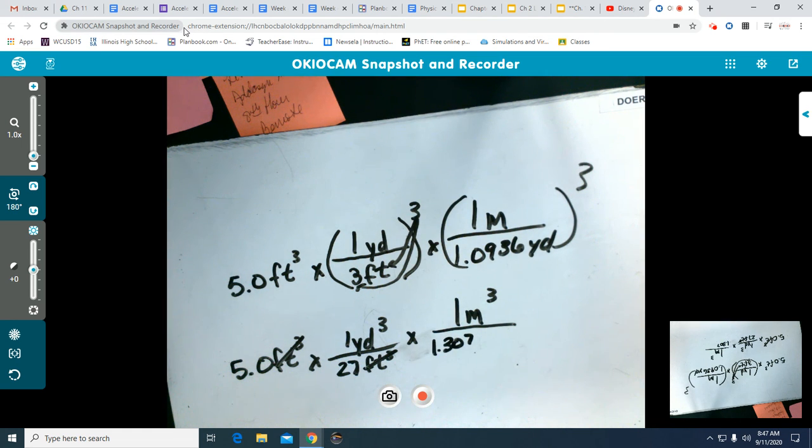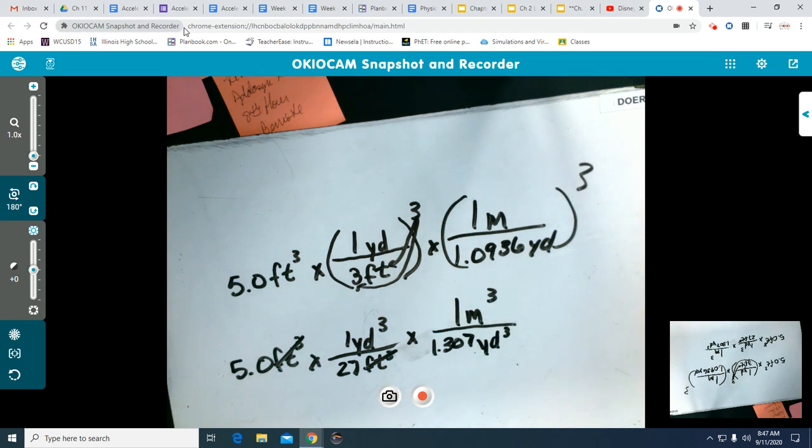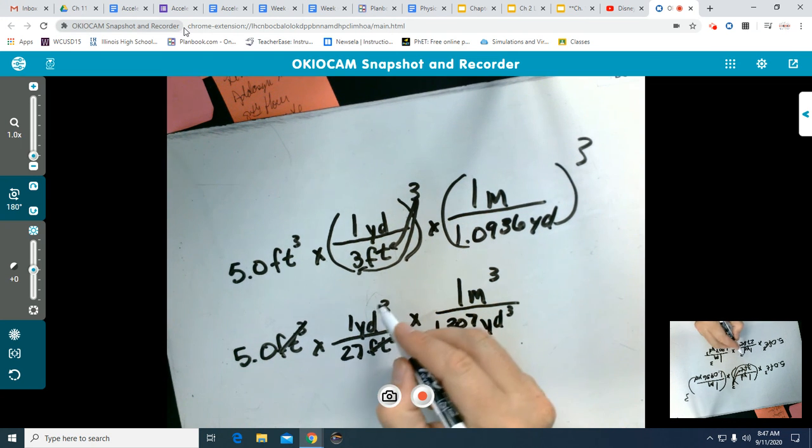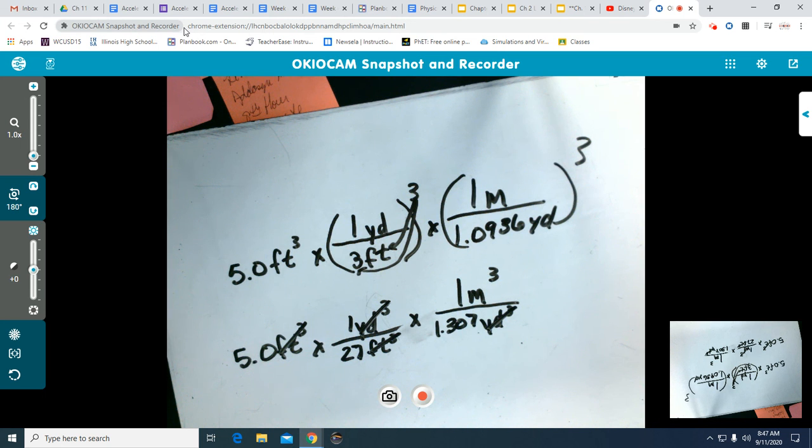Well, let's keep that. Okay, 1.307 cubic yards. And looky here. Cubic yards cancel. What are we left with? Yeah, meters cubed, cubic meters, however you want to say it.